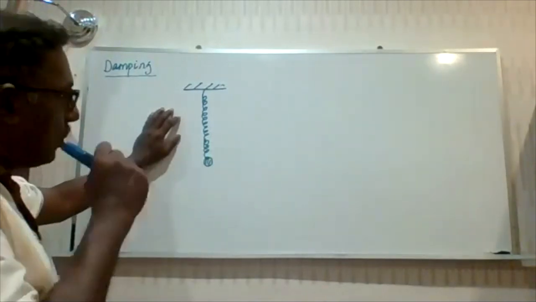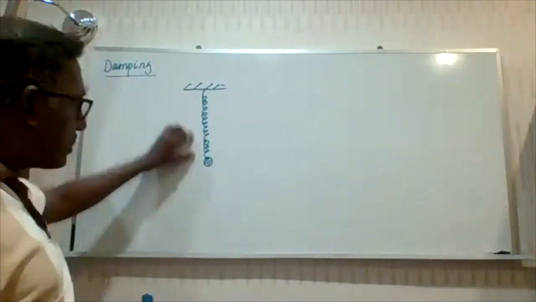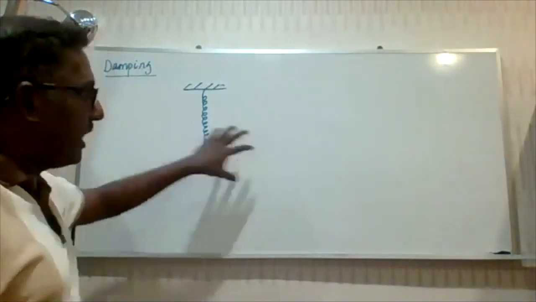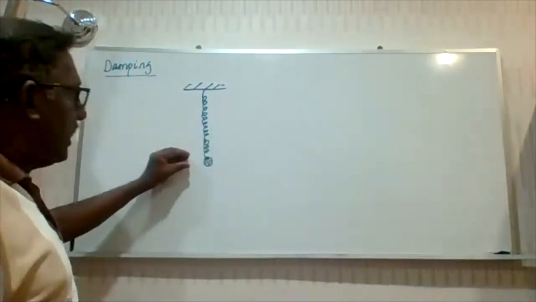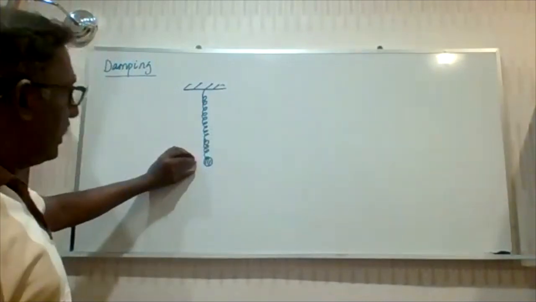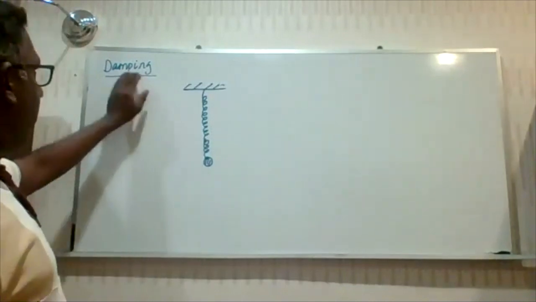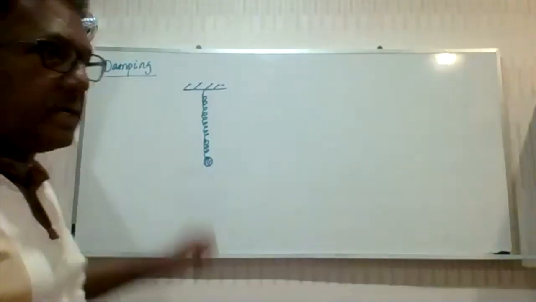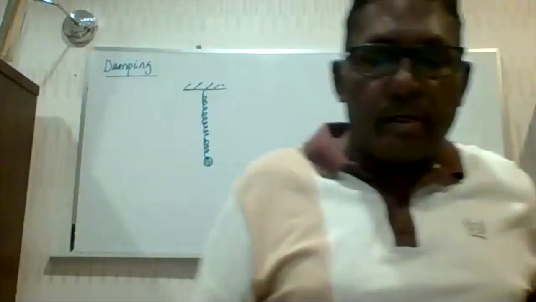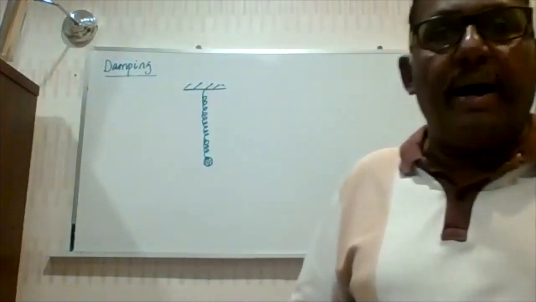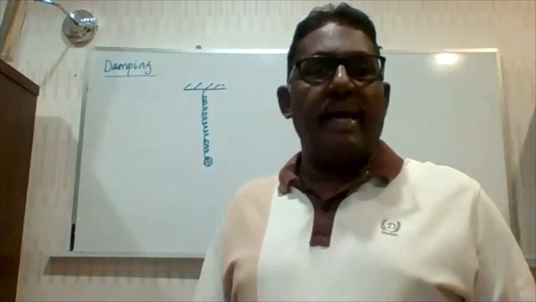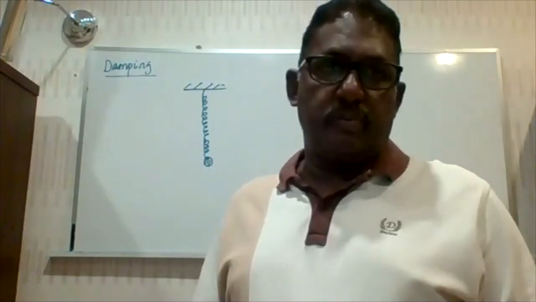As it does the work against a resistive force while it's oscillating, it's also losing energy. So eventually all its energy is lost and it comes to a stop. All right? So damping occurs because work is done by an oscillating system against a resistive force.